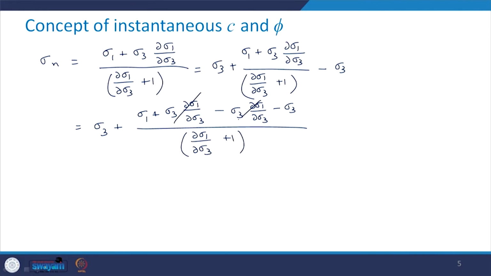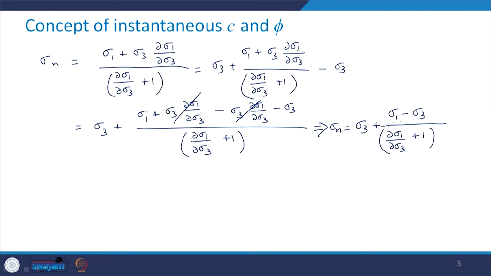Now this term will get cancelled, and what you are going to get from here is sigma n equal to sigma 3 plus (sigma 1 minus sigma 3) divided by (del sigma 1 del sigma 3 plus 1).